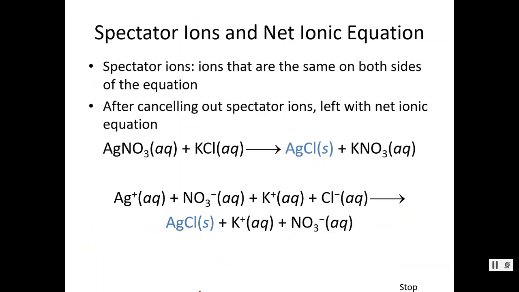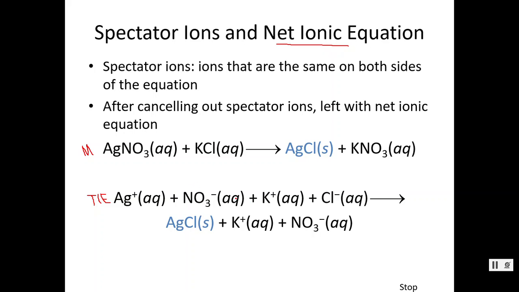And then there's one other kind of ionic equation that we're going to talk about, and that is the net ionic equation. So still using the silver nitrate and potassium chloride example, I have here the molecular equation and the total ionic equation. Looking at that total ionic equation, you see that there are some ions on the reactant side, specifically the nitrate and the potassium, that you see on both the reactant and the product side.